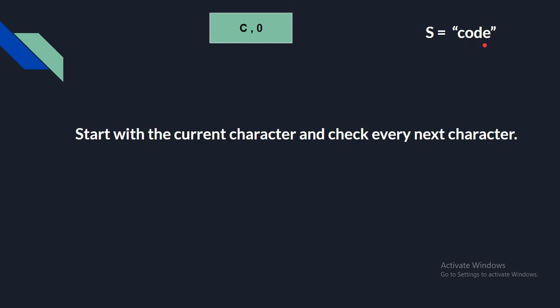So we start from C, and our initial count is 0. That's why it's given as 0.